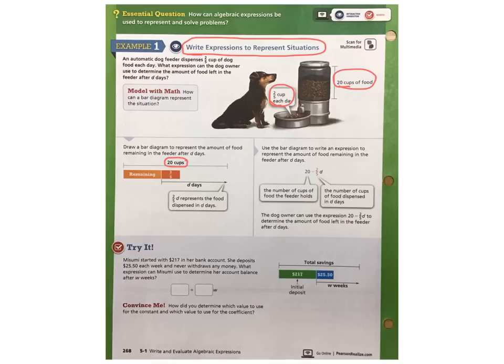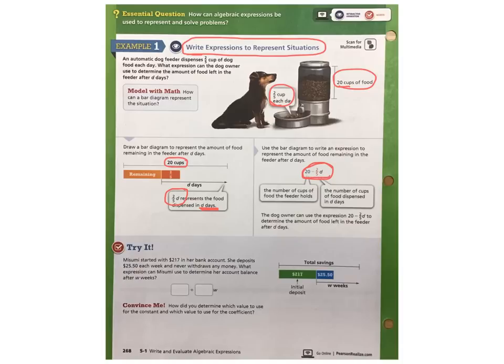Well, if we know that the dog eats 2/5 of a cup each day, then we can find the total amount of food that the dog eats by multiplying 2/5 times however many days that we are feeding that dog from the feeder, and then subtract that from the 20 cups to determine how much food remains.